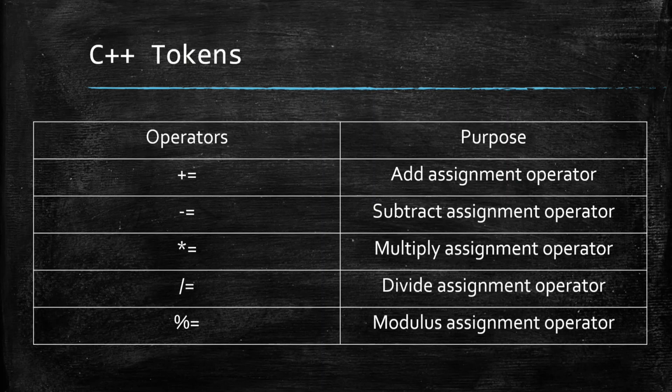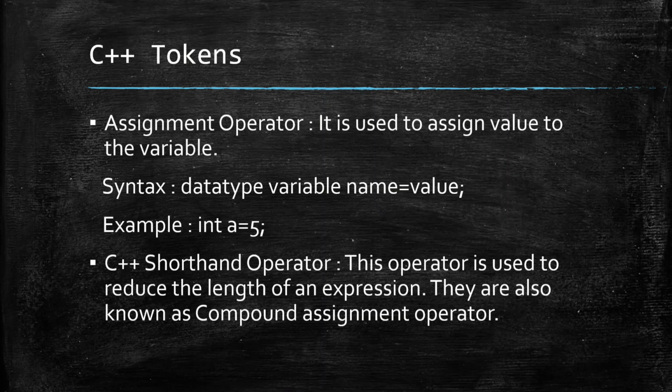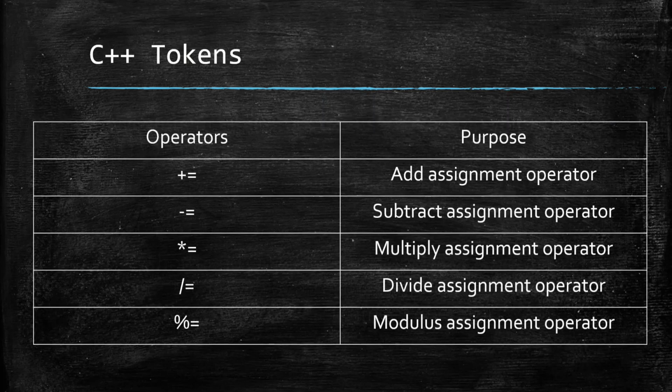These are combinations. We are combining two operators together for this shorthand operator, so hence it is known as compound assignment operator. Fine. So compound assignment operator and shorthand operator are both the same. Don't get confused with them.